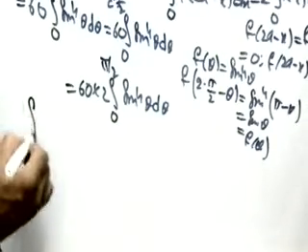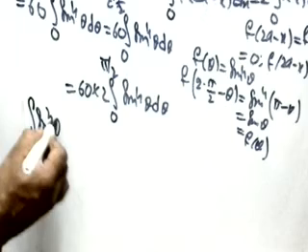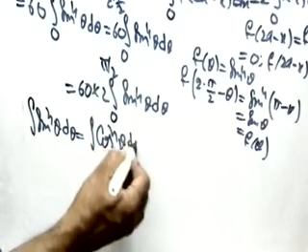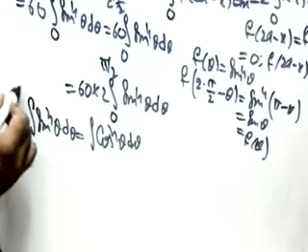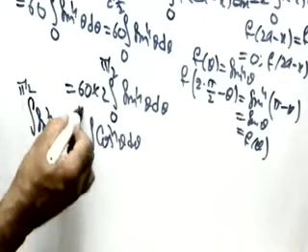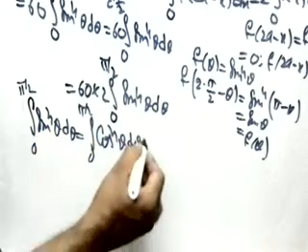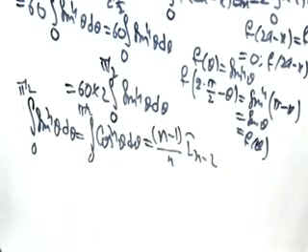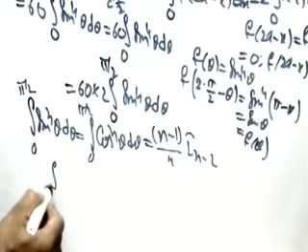Now in the next step, I will explain one formula. Watch carefully. Suppose we have integration of sine to the power n theta d theta, or integration of cos to the power n theta d theta, from 0 to pi by 2. These are the basics of 12th. There is a formula like this: n minus 1 by n into I n minus 2.